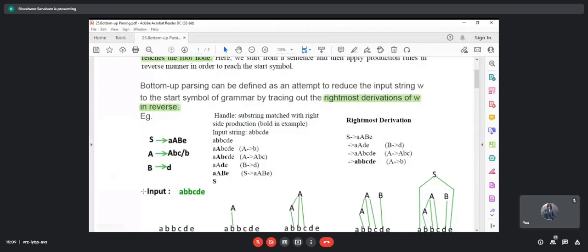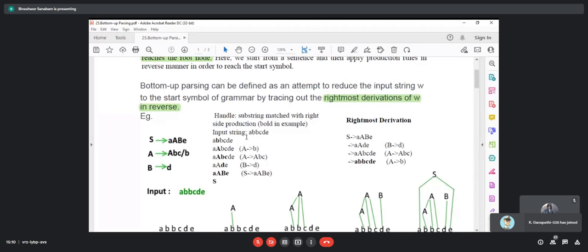So we have these three productions, S tends to this, then A, then B tends to this, where S is our start symbol, and we have the given input, that is a, b, b, c, d, e. So this is our input string. How we can derive this input string, that is, how we can generate bottom up parsing with respect to this particular input, is being discussed here.